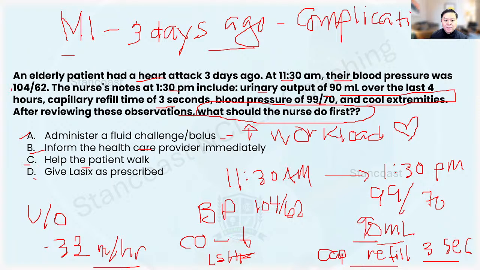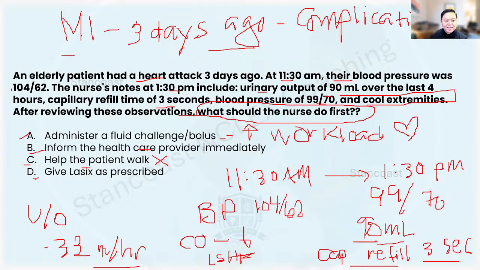It will increase the heart rate. It will also increase the oxygen demand. It will also further cause ischemia in the muscles, and it will worsen the patient's infarction. So we're not supposed to do the ambulation at this point because of those assessment findings.